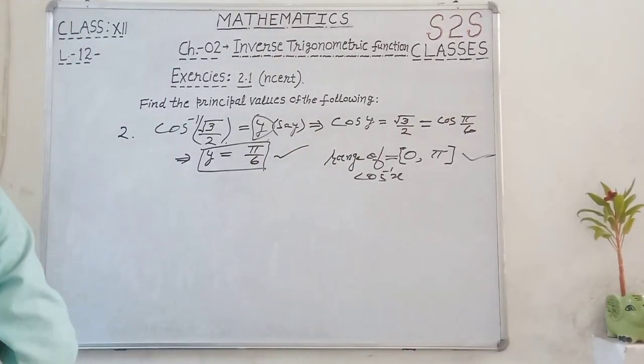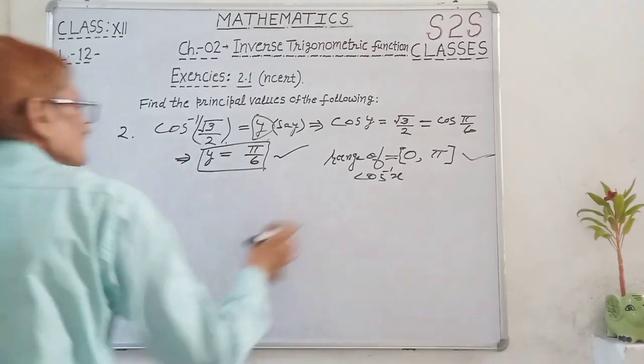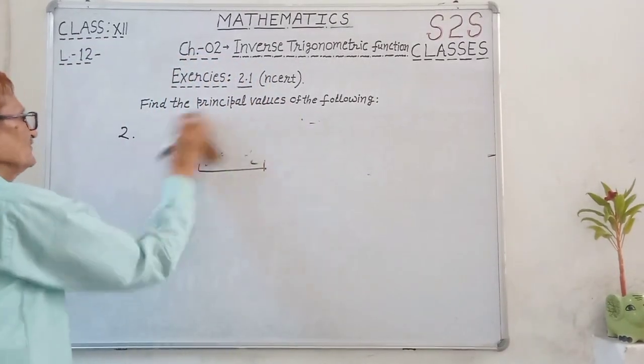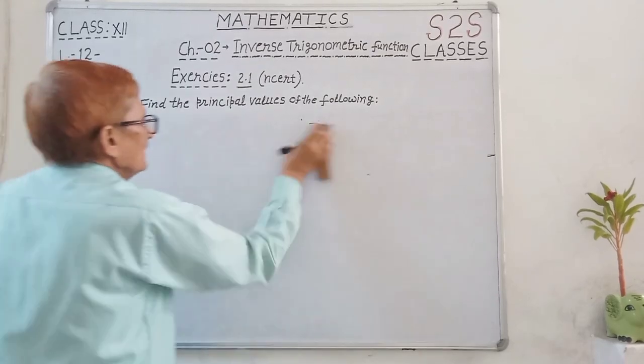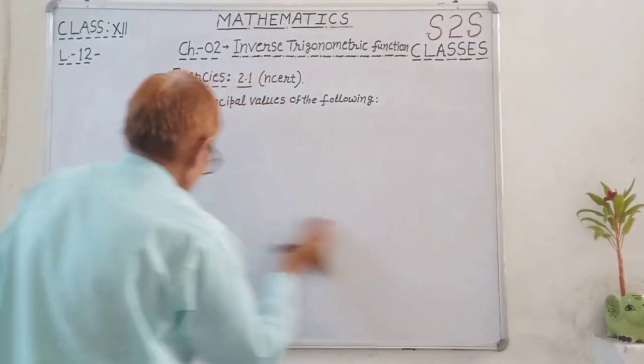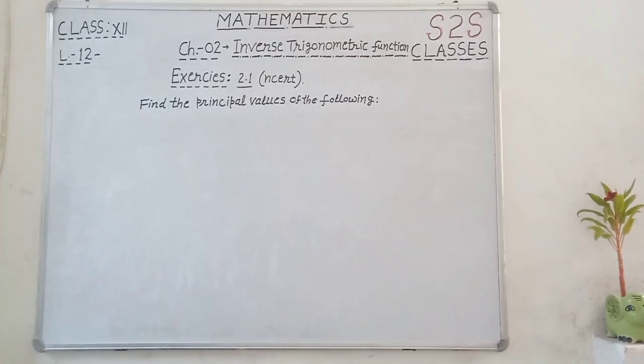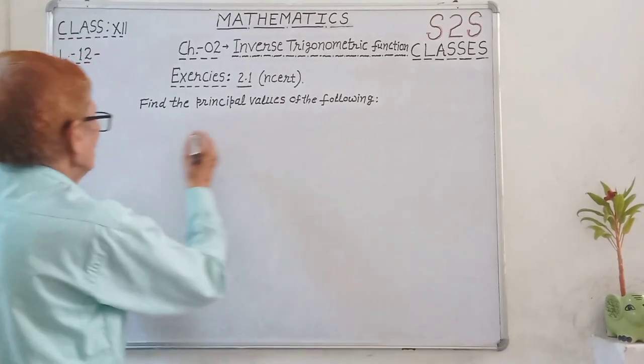Now next question, number 3rd. Simple, only the branch we have to see and accordingly write. Now 3rd, cosec inverse 2.